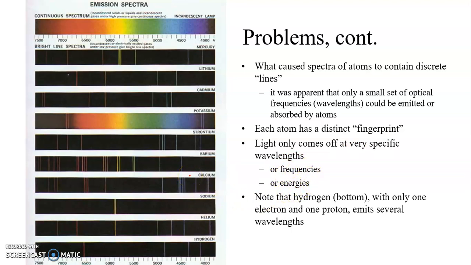So if we look at hydrogen, it consists of one electron and one proton, and this electron can emit several wavelengths, and it happens to all of the other atoms. All of the other atoms, for example helium, sodium, calcium, contain more than one electron and proton.